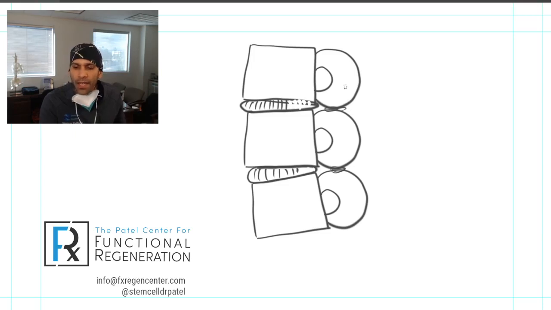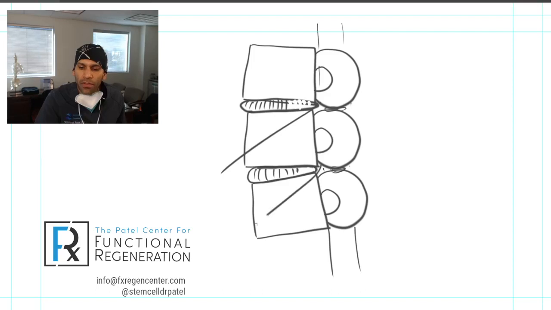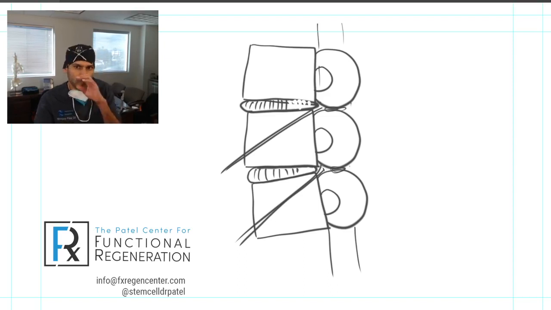Now, up and down, there is a central canal that contains all of the spinal nerves that are traveling up and down, and these nerves actually exit out of the spine in between these coffee mugs, in between the handles in the back and the disc in the front.